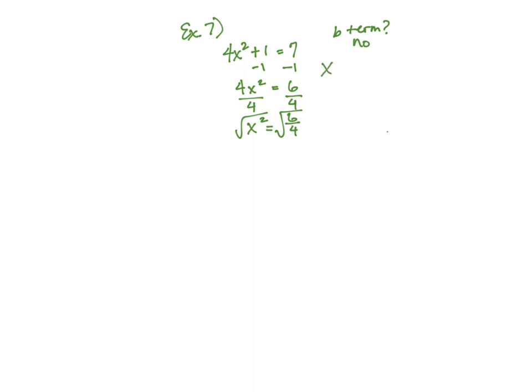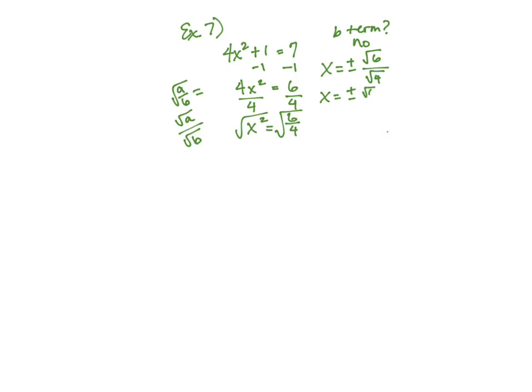So x is equal to, I need you to remember that if I'm square rooting a quotient, a over b, that's the same thing as square rooting a and dividing by the square root of b. You remember that those are the same? So what we really have is plus or minus on top the square root of 6, on bottom the square root of 4, which is 2. So that bottom could be simplified.